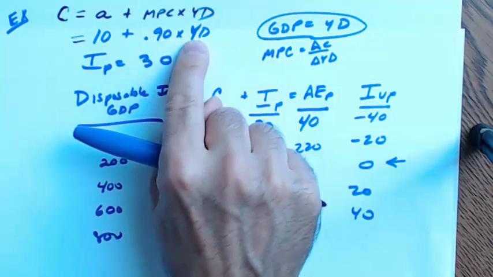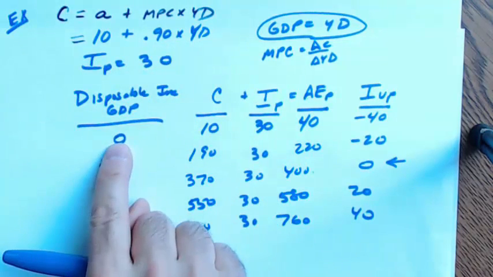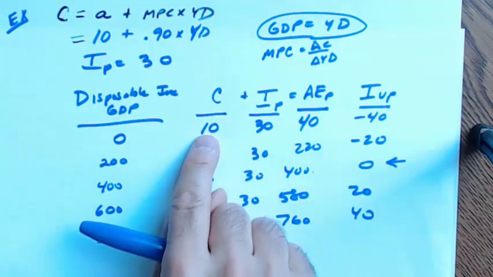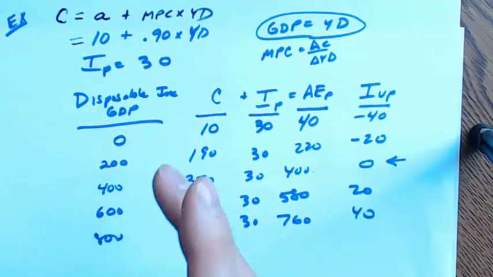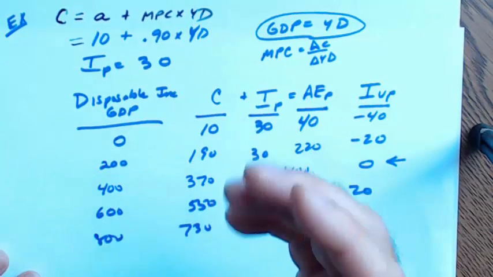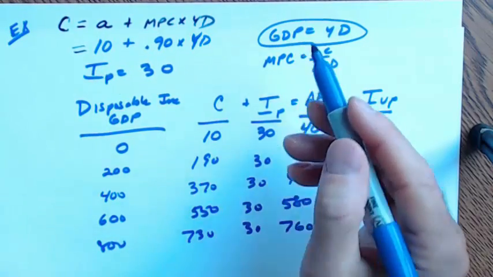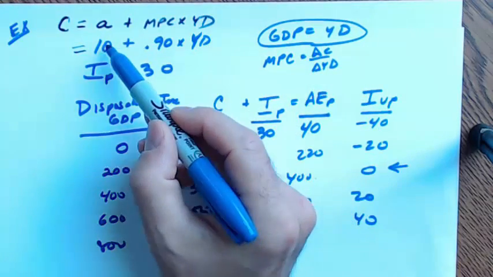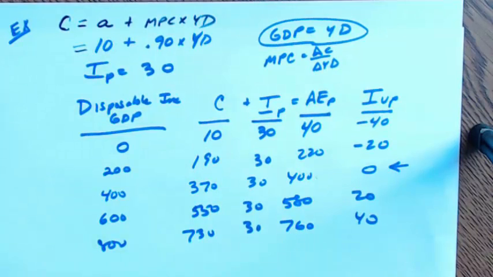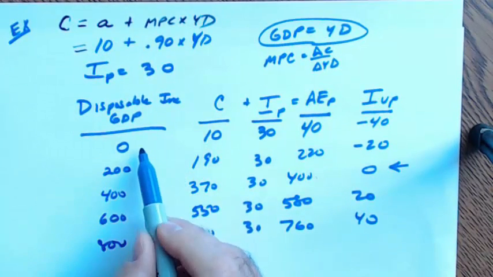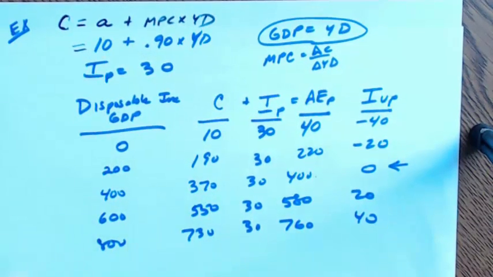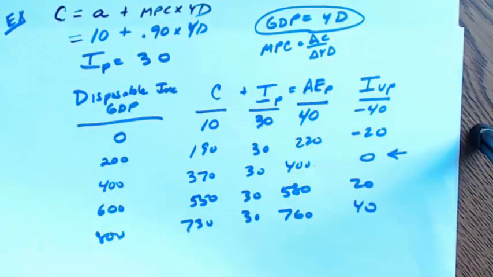Okay, so you just figured out that part. Then you realize that when you have zero disposable income and you're consuming, it's like subsistence type consumption, then it's 10. That autonomous consumption is 10. And so there you have it. You have your consumption function by just looking at the table.